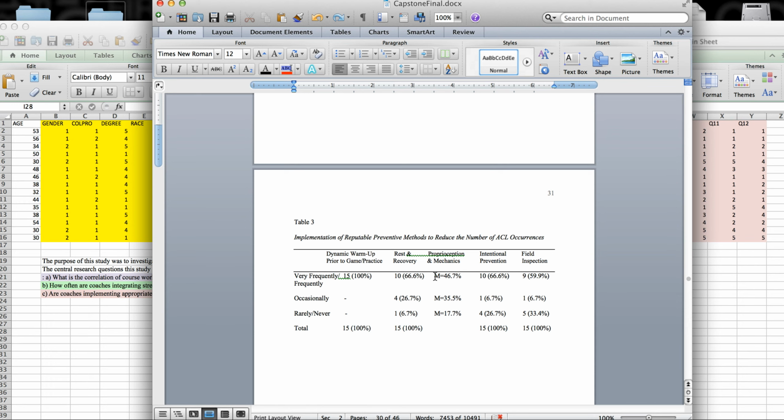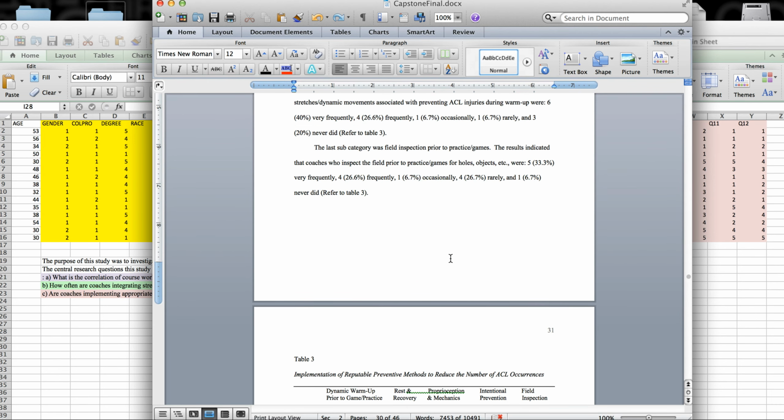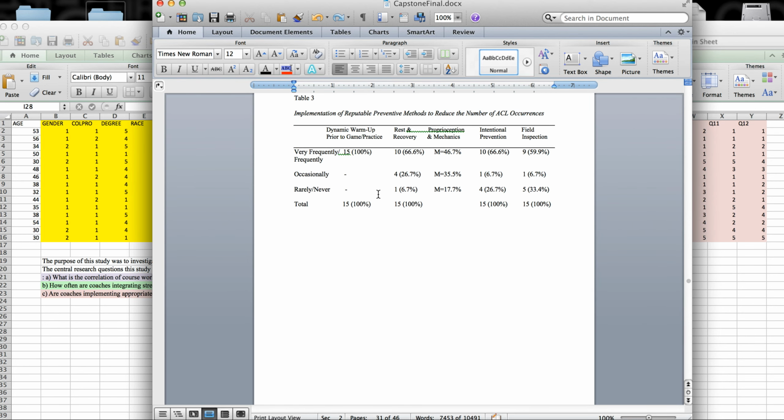I believe she did her average or mean score for the proprioception and mechanics because there were so many questions involved in that section, so she wanted to average it out. But again, I would have recommended 1 more or 2 more lines giving an overall summary of these findings. And that's chapter 4, done.